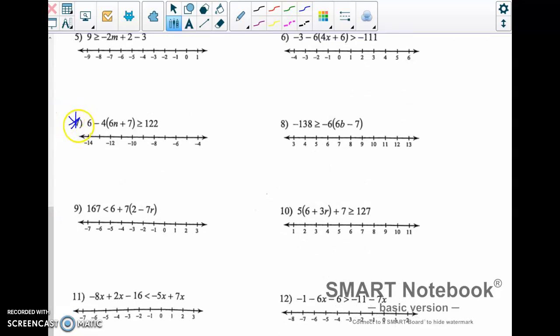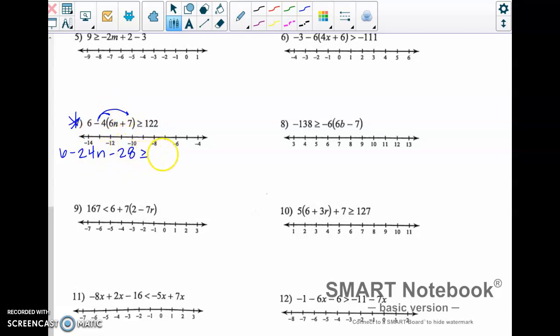The first step we said is, if necessary, use the distributive property. Well, this one has distributive property in it. That -4 is on the outside. So I'm going to do that and rewrite. 6 minus -4 times 6n is -24n. -4 times 7 is -28.